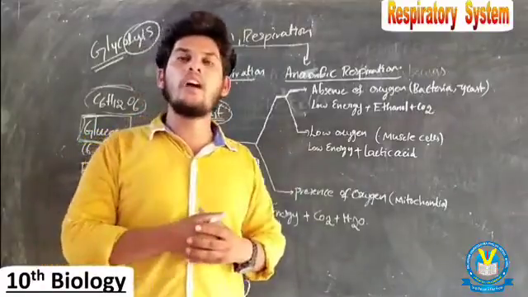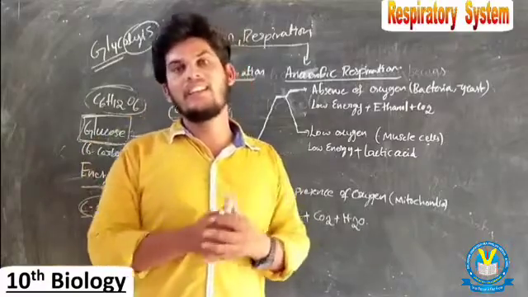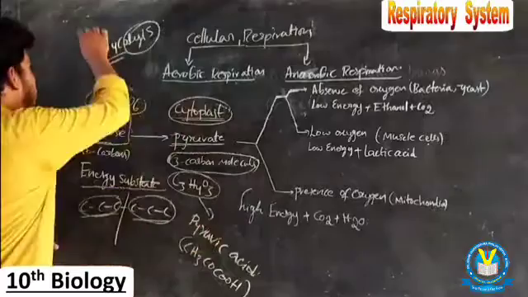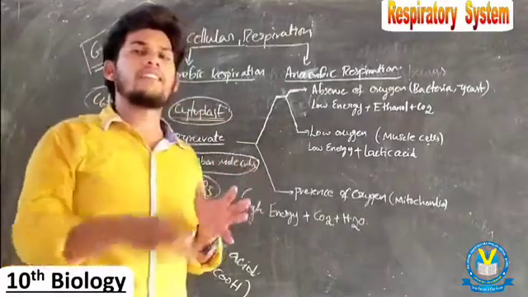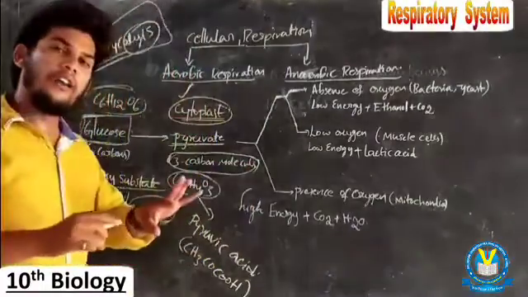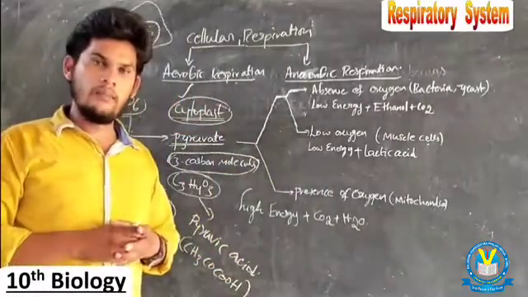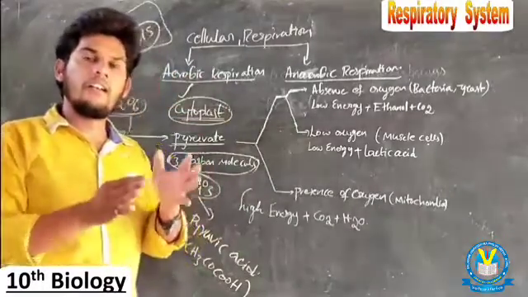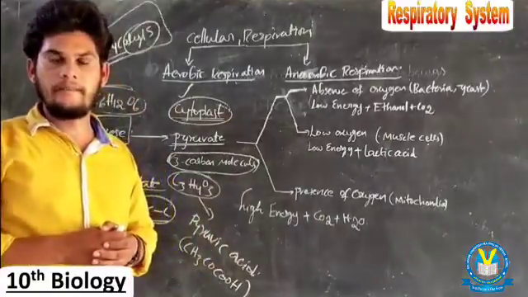From 1 molecule of glucose we obtain 2 molecules of pyruvate. These reactions take place in the cytoplasm of both eukaryotic and prokaryotic cells. The glycolysis reaction is common for both.